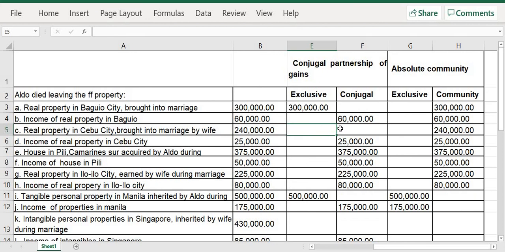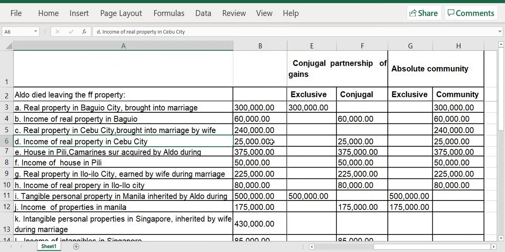Now, under absolute community of property naman, lahat ng properties before and during marriage ni husband or ni wife, magiging community property nila yon. Kaya ang 240,000 na property ni wife, magiging co-owner niya si husband or si Aldo. Therefore, community property nila yon under absolute community. Number 5, merong income si property ni wife sa letter C. That's 25,000.